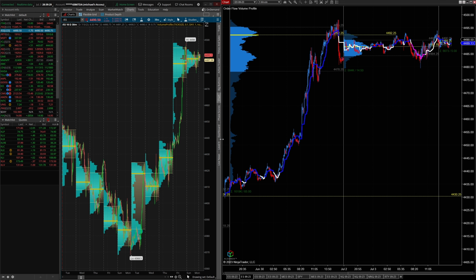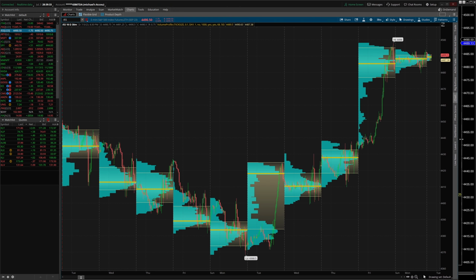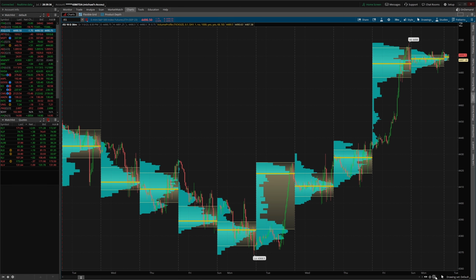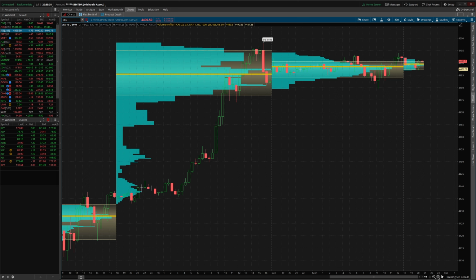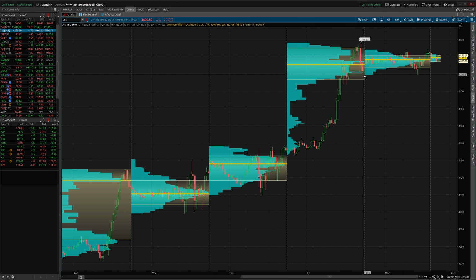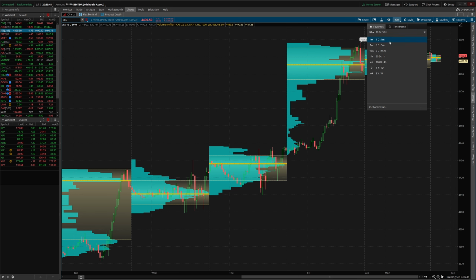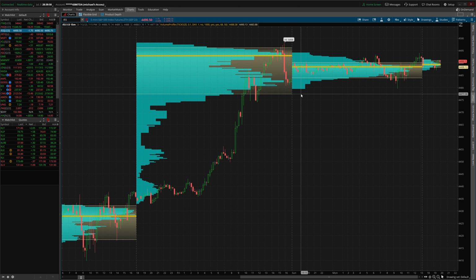Now, when we come over and we actually look at the Thinkorswim platform right real quick, we go ahead and scroll that over. And what I'm going to do now is I'm going to zoom this up here just a little bit. Let me zoom it out and write down this number. Value area low is 44.76.9. Now, if I go ahead and I change this right here to a 15-minute chart, now we have value area low at 44.77.28.